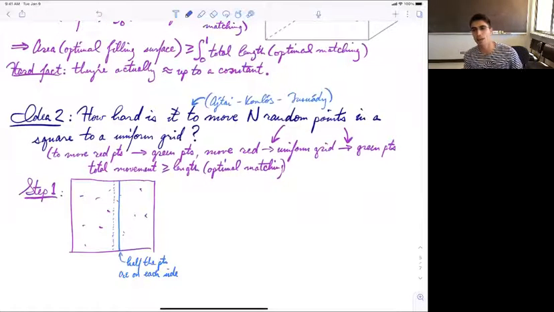Our ultimate goal is to split up the square into lots of tiny boxes with each point sitting in its own box. The first step to do that is to move this line to exactly halfway and drag the points along.